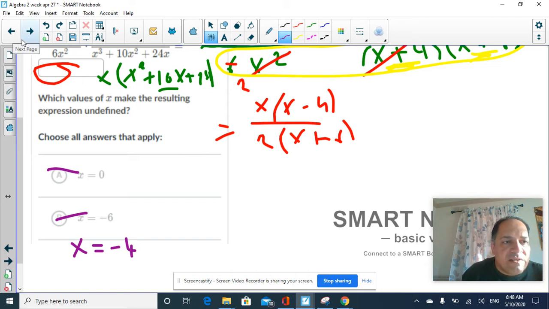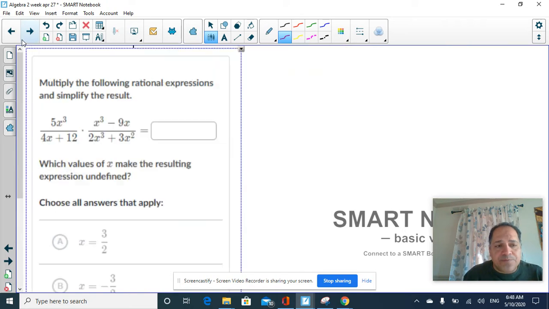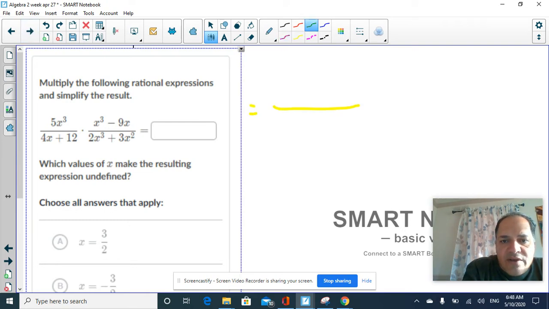Okay, next question, and we will follow the same steps. Multiplication also. If we have division, we have to flip the second and multiply. So the first function you have is 5x cubed over 4x plus 12, so you can take out 4, so 4 times x plus 3.